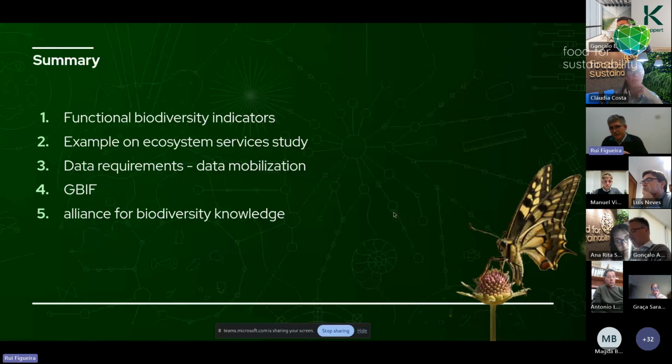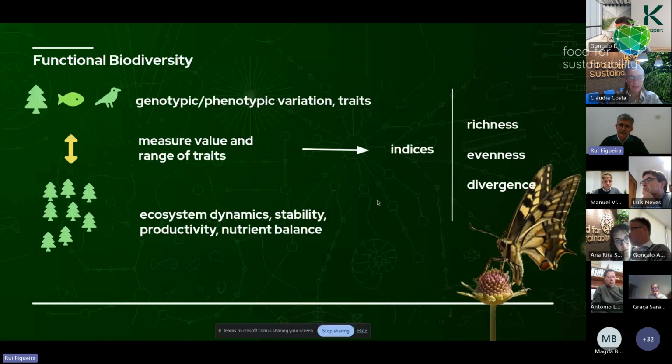So if working on biodiversity, we are normally concerned about species diversity, genetic diversity, also ecosystem diversity.